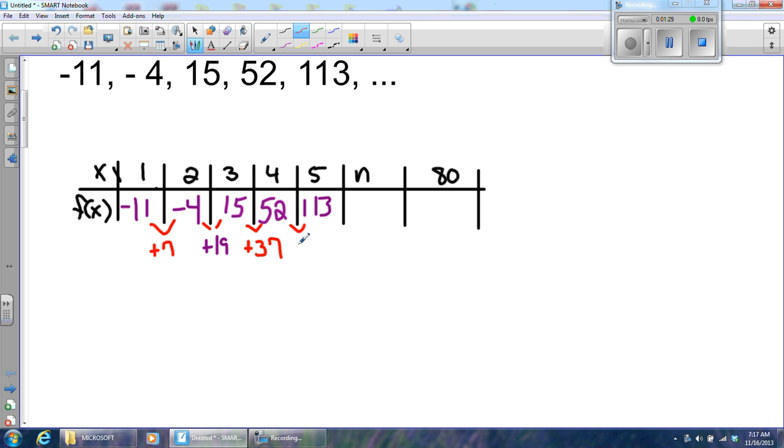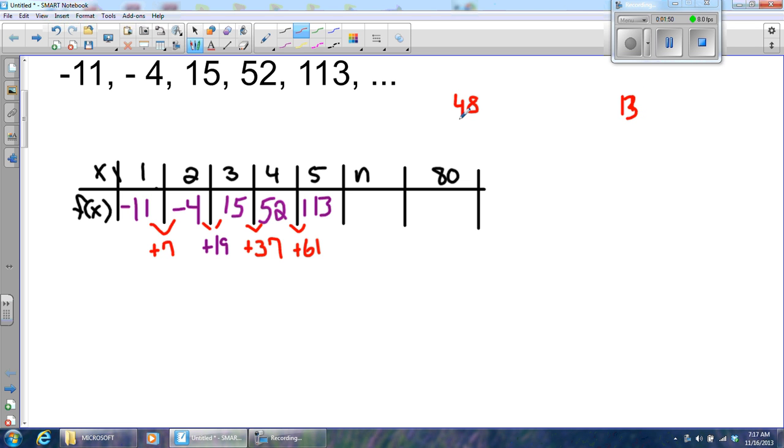It sure is. By the way, if you're wondering how quickly I subtracted 113 and 52, I thought about how far 52 is from 100. It's 48 away from 100. And then 113 is 13 away from 100 on the other side, right?